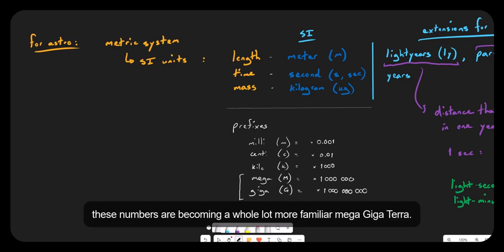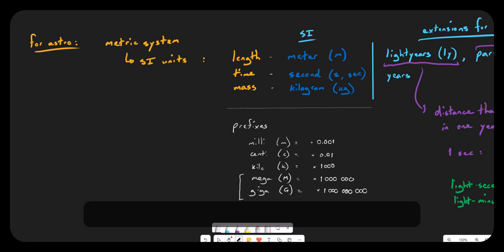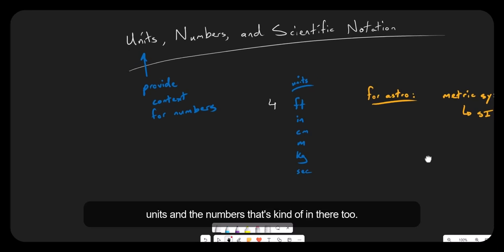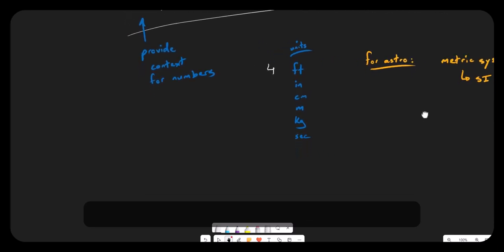Mega, giga, tera. They're numbers that we actually start to use in the real world. So that's it for units. And then numbers, that's kind of in there too.